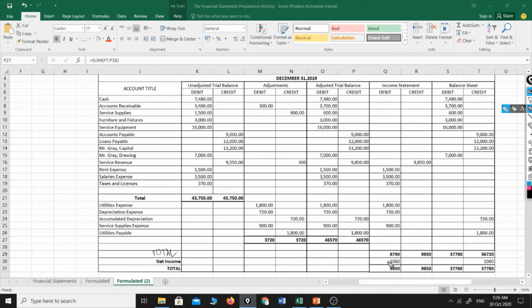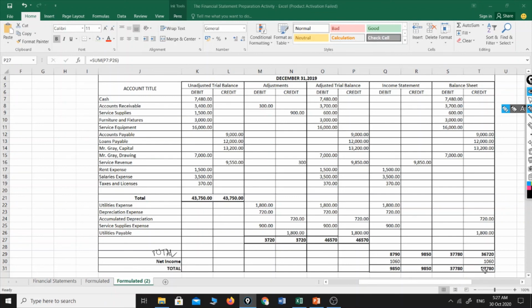Again, take note that the amount you've added under the income statement section should also be the amount added on the balance sheet column, okay? So, in order for the debit and credit columns of the balance sheet to have an equal amount, we add the 1,060 also on the credit side. Okay? So you just take note, the column where you should add a particular amount is the lesser column.